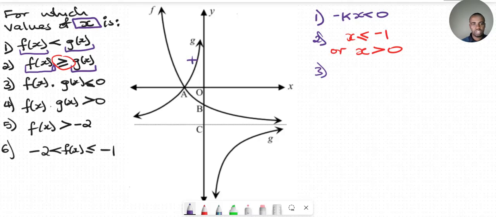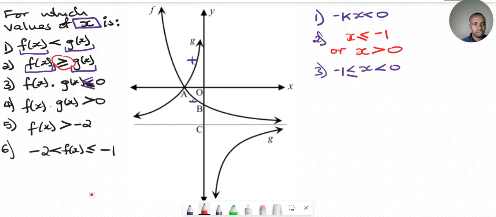Here g is positive, but f is negative. So basically, between -1 and 0, -1 included, this is where we get these two graphs multiplying each other such that they give us a number that is less than or equal to 0.